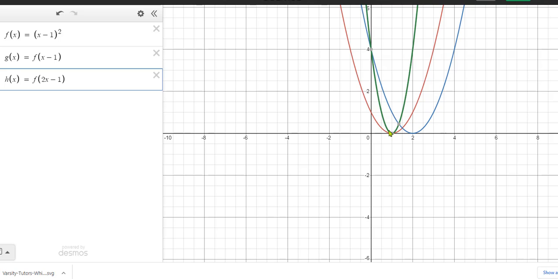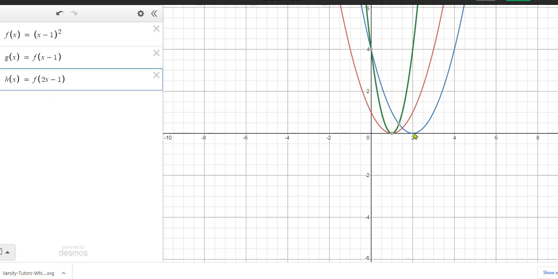So what happened there? Every point on the red graph was shifted 1 right. Now h of x is f of 2x minus 1, so it's taking the red graph and shifting it 1 to the right to the blue graph, but then taking every point on the blue graph and taking half the distance back to the y-axis.